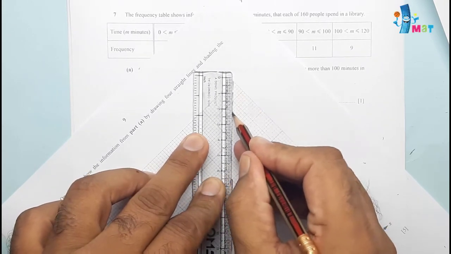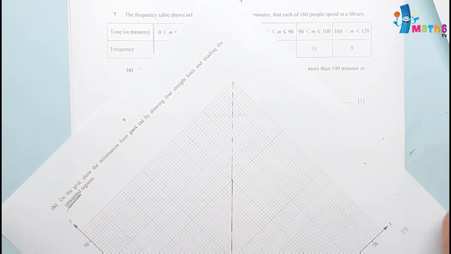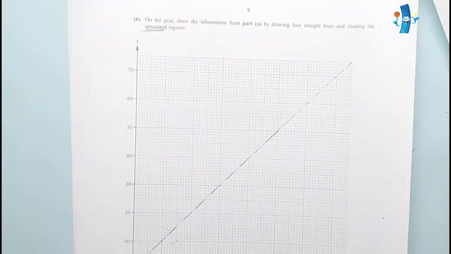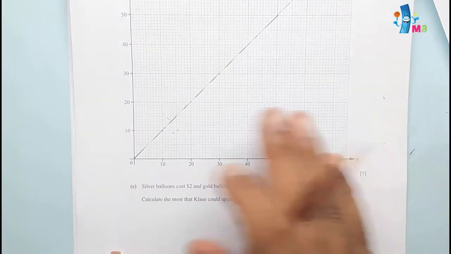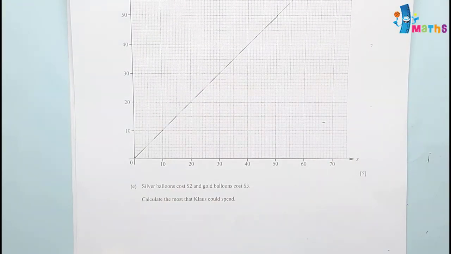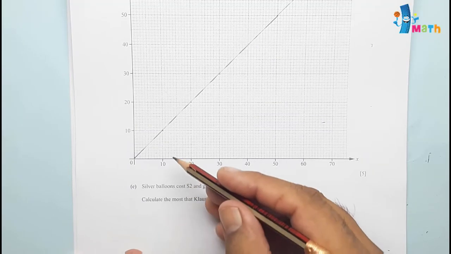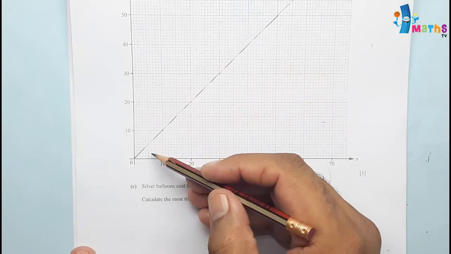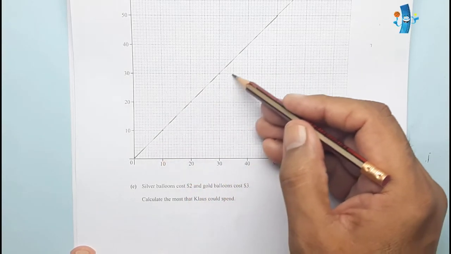So now I will draw the broken line. This is Y equal to X, but we have to shade the region. Y greater than X is required, so we can shade the region less than.